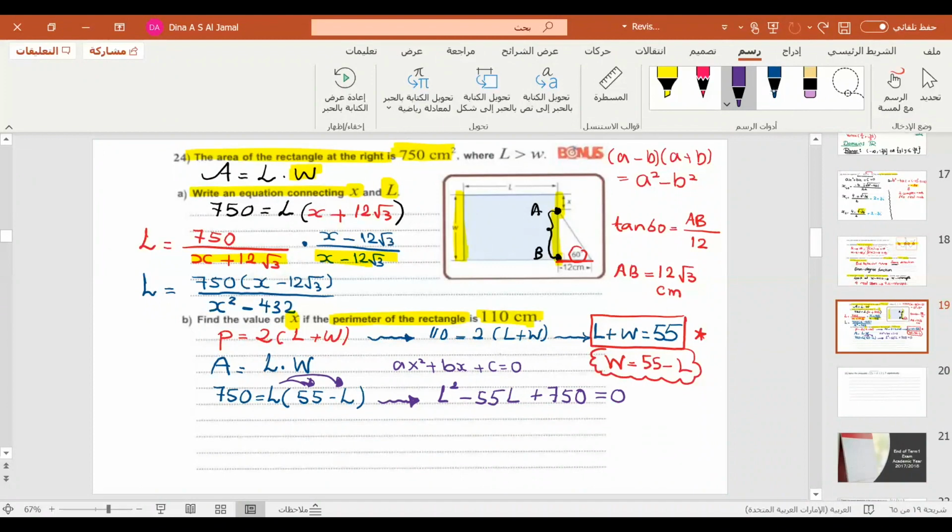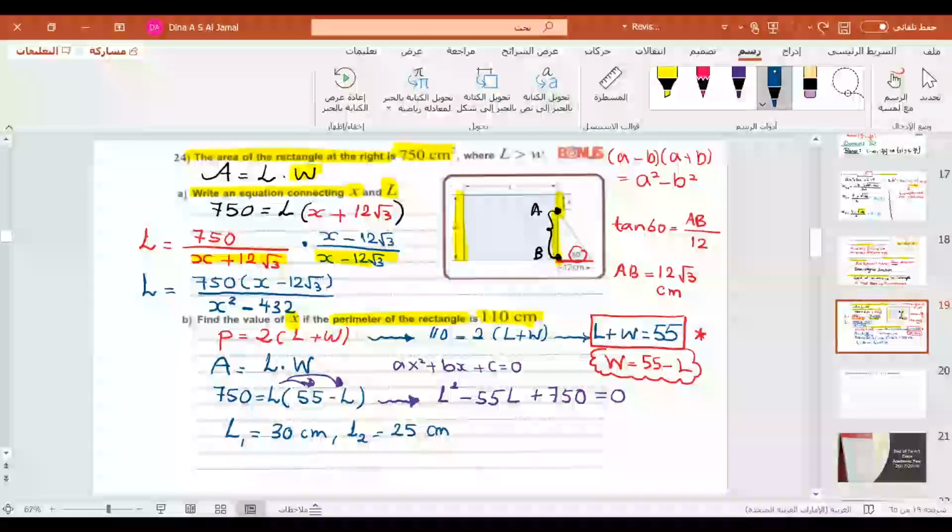Now, you can use either your calculator or factorization. So you will be having two values of L. L1 will be 30 centimeter. L2 will be 25 centimeter.